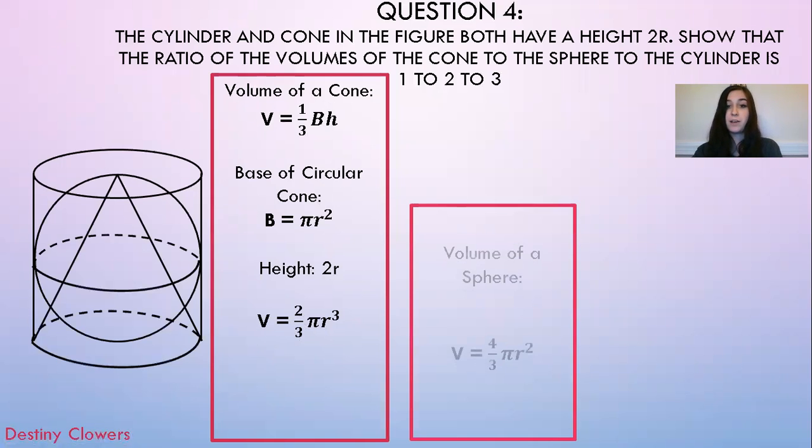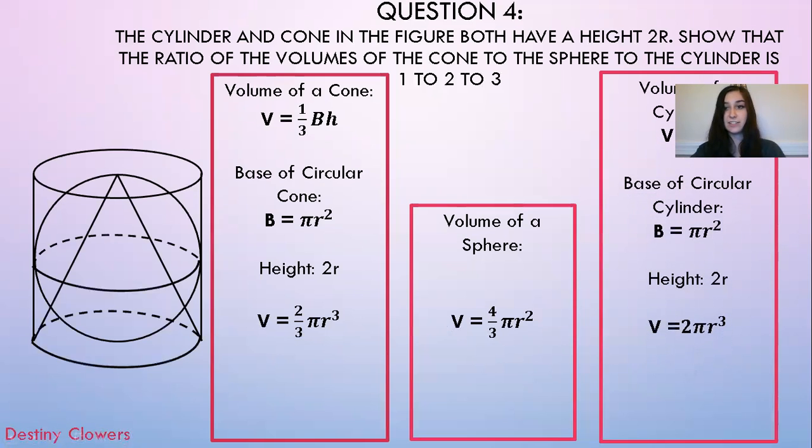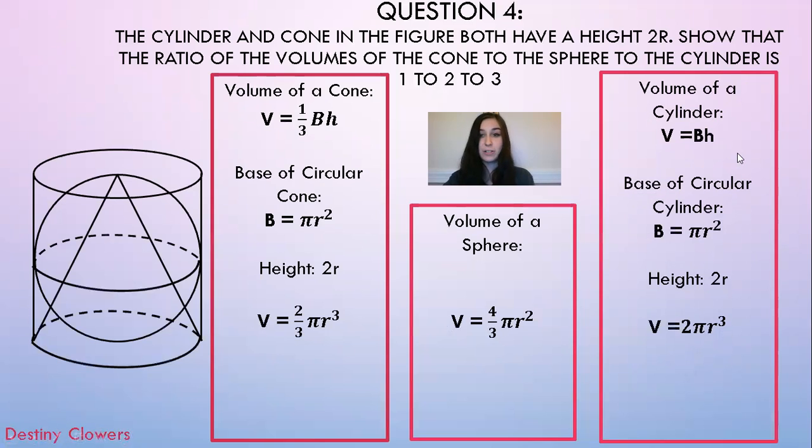Now the volume of a sphere is a little simpler than this right here. You don't have to find the base or the height or anything like that. All it is, volume equals 4 over 3 times pi r cubed. And then we've got the volume of a cylinder. And the volume of a cylinder is V equals base times height.